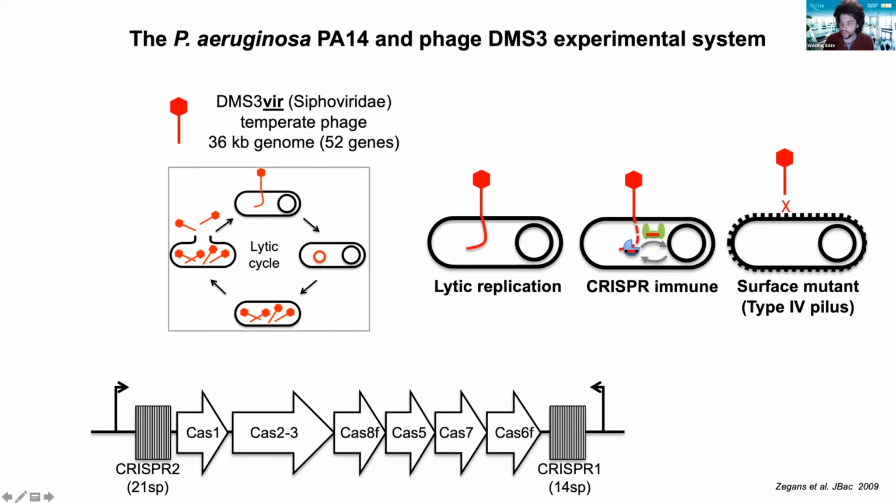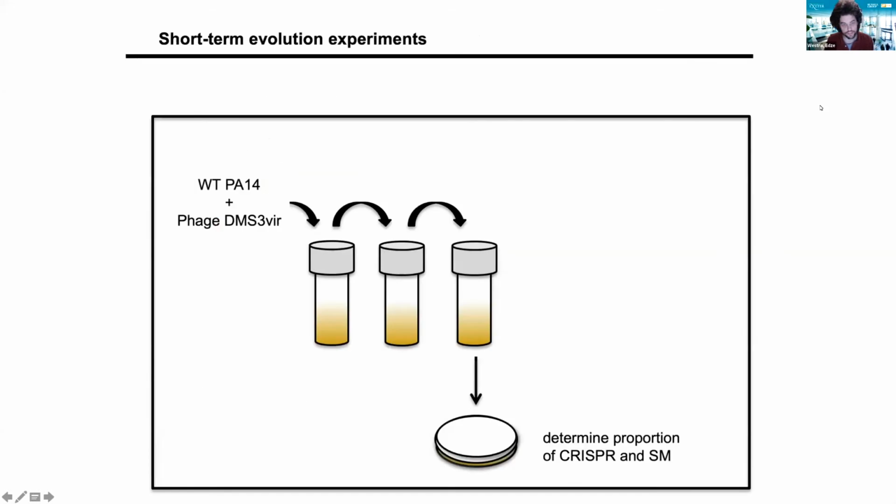And when we think about what can happen during an infection, there's basically three potential outcomes. Either the phage will successfully replicate, or the bacteria can acquire CRISPR immunity, or they can use surface resistance in order to defend themselves. And we then run these simple short-term evolution experiments where we mix bacteria with phage and transfer them for a few days, isolate individual bacteria, and examine if and how they evolve resistance.